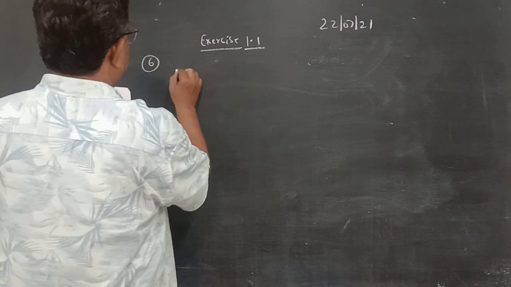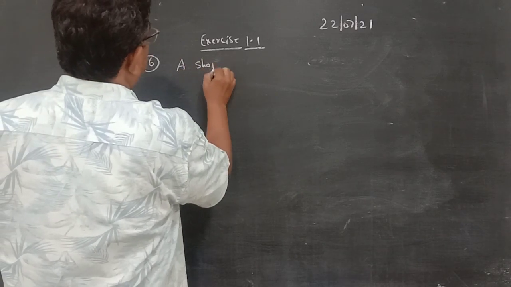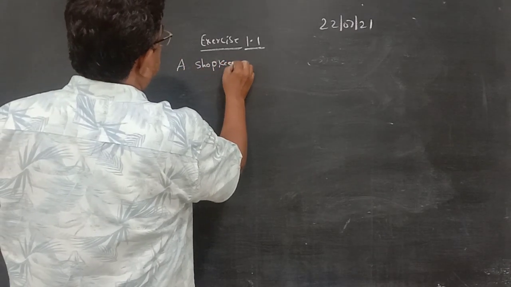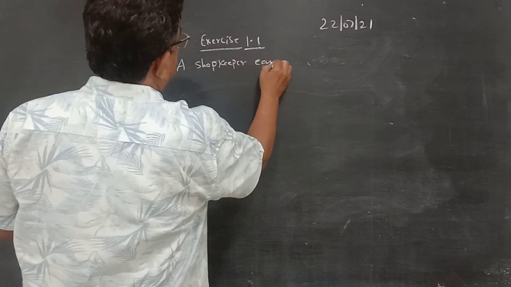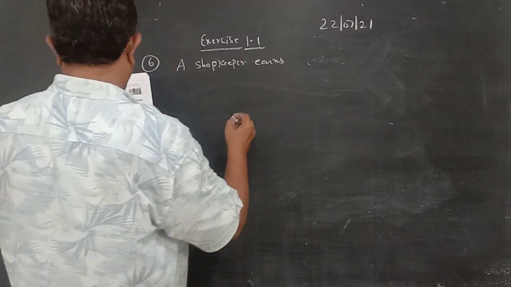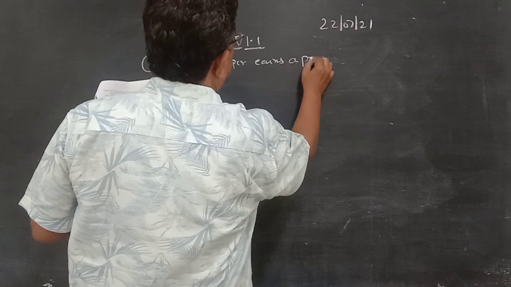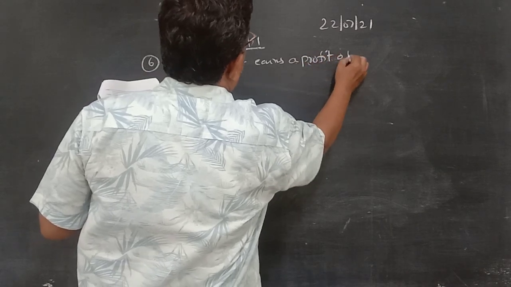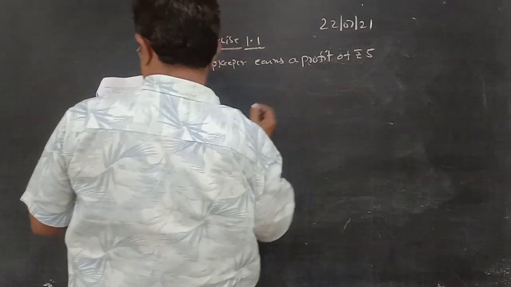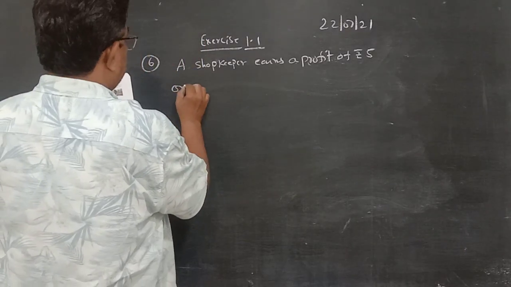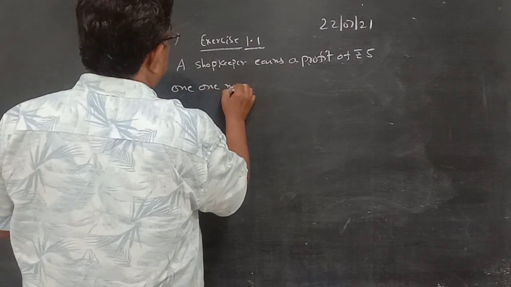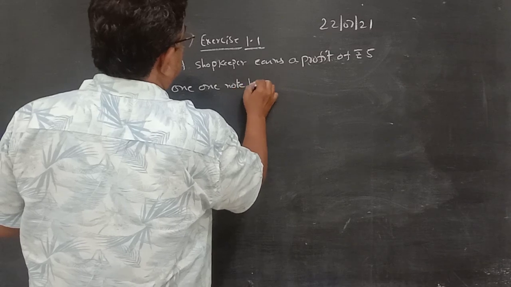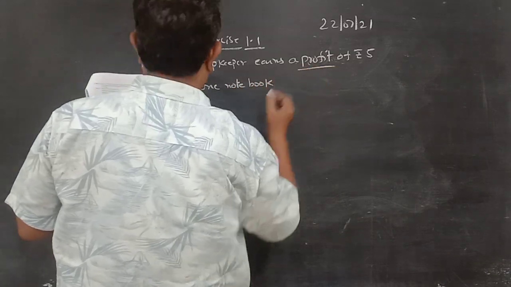A shopkeeper earns a profit of rupees 5 on one notebook. So profit means plus.